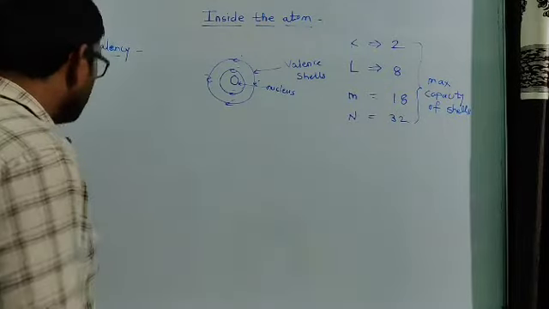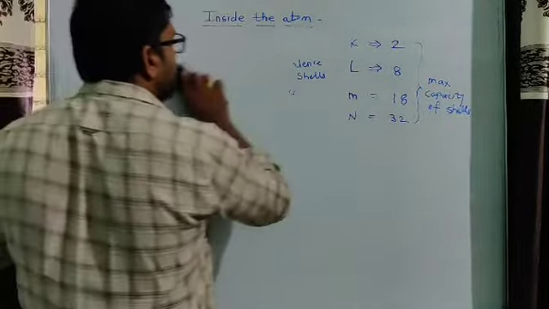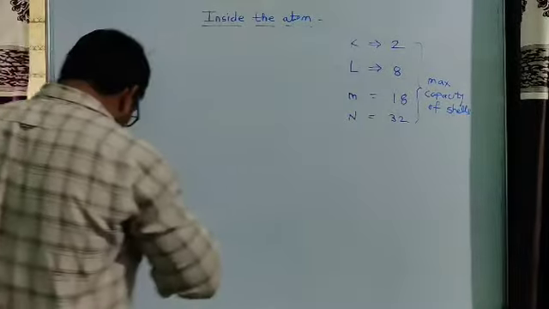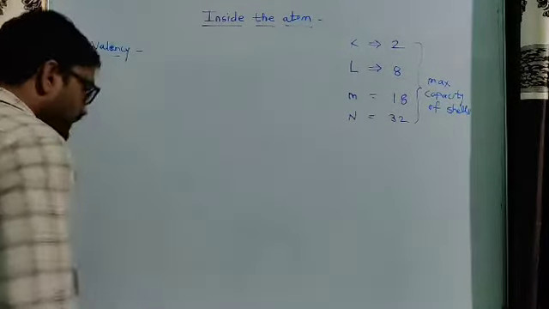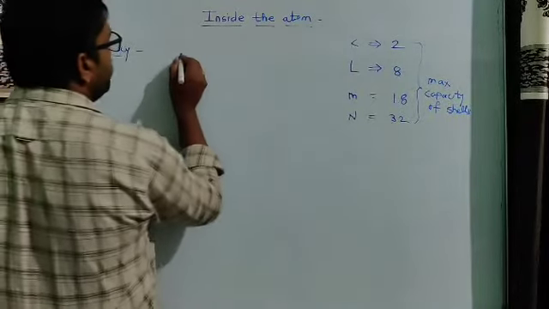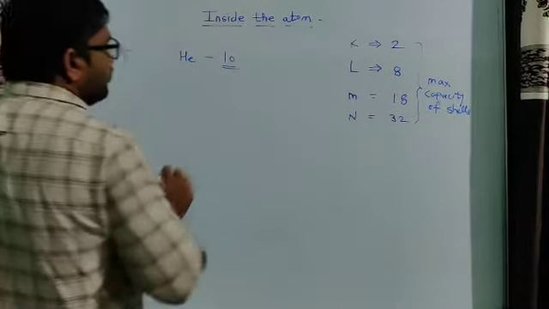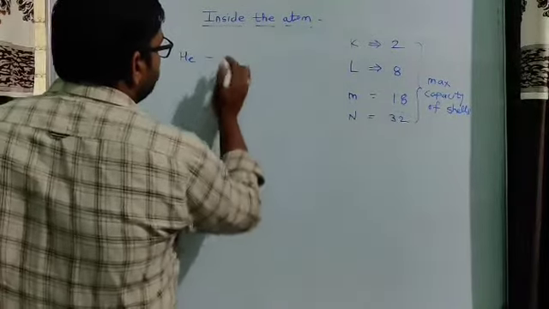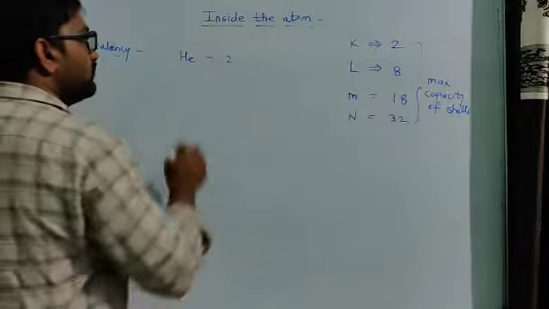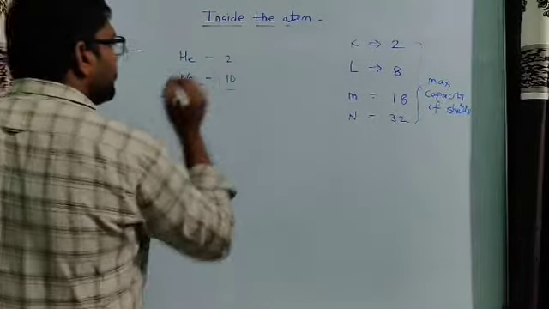Now we have to study the atomic structure of helium and neon gases. We know helium has 2 electrons and neon has 10 electrons.